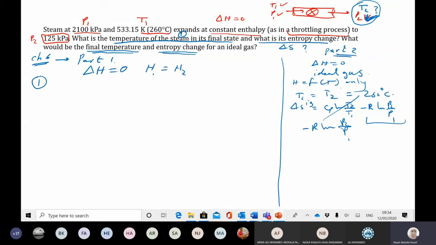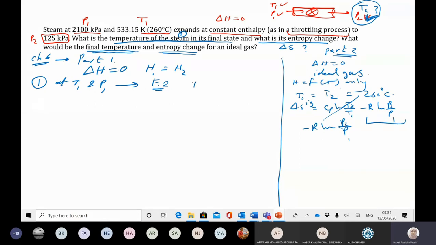So the procedure is going to be as follows. At T1 and P1, you have to go to any table. Let's say table F2, because I do have the pressure there, and I know that the pressure 2,100 is there. You can also use table F1 and check.